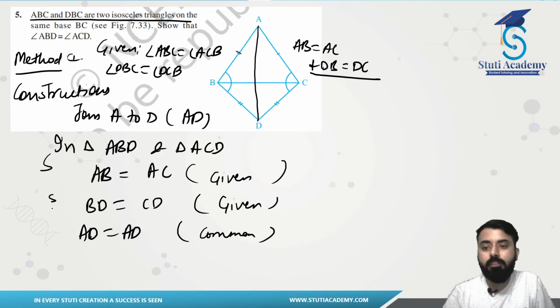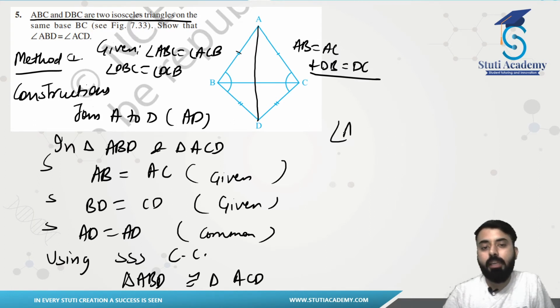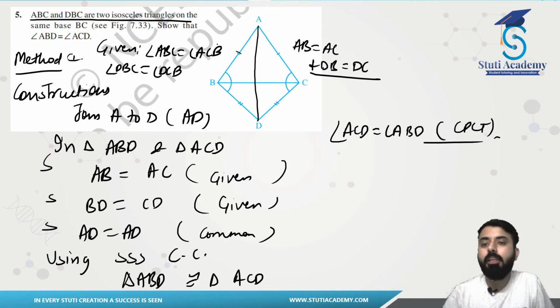So side, side, side, using side congruency criteria, triangle ABD is congruent to triangle ACD, and you have to prove that angle ABD is equal to angle ACD. So angle ACD is equal to angle ABD using CPCT, right? That was method 1.